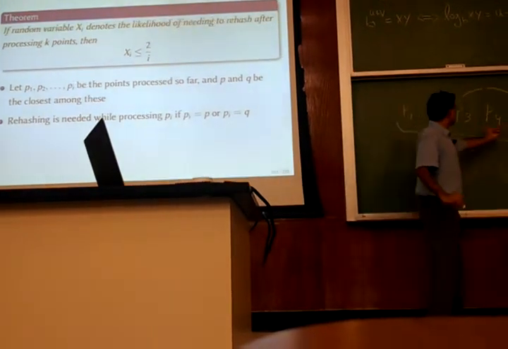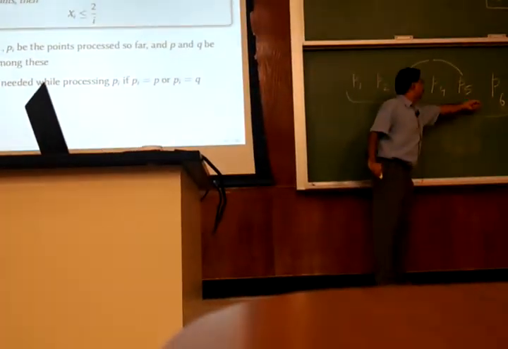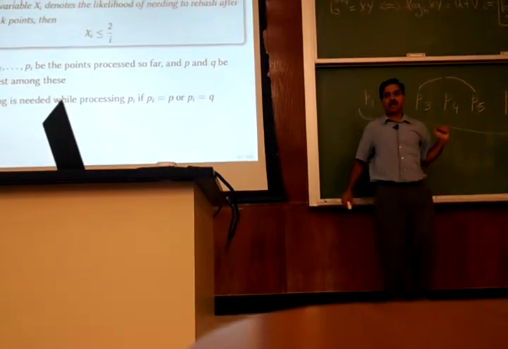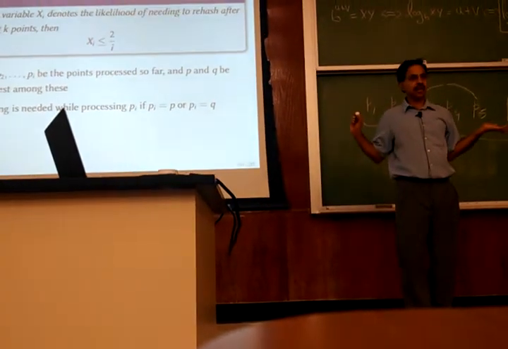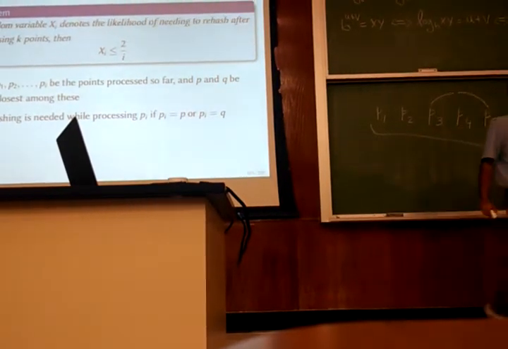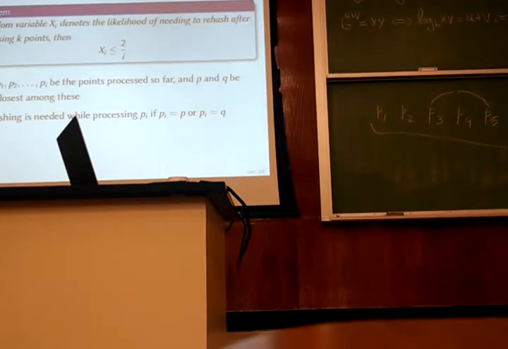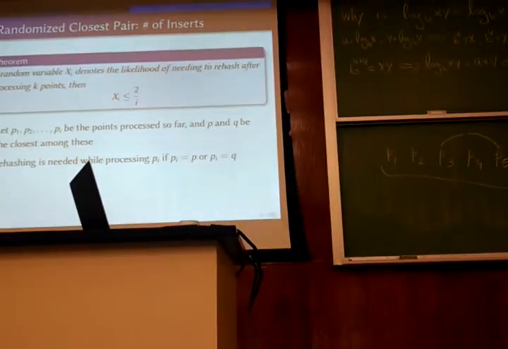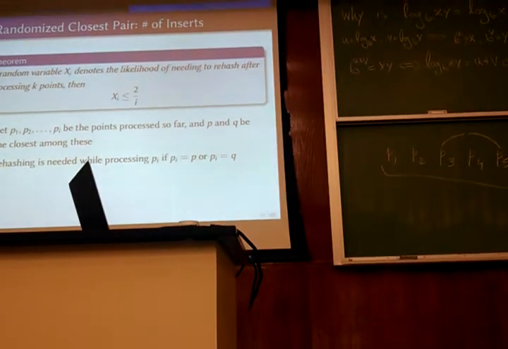Because by the time you get to P6, you already hashed using the closest distance delta between these two. Therefore, when you find P6, you'll find that P6 doesn't change the closest pair distance delta we have computed so far.